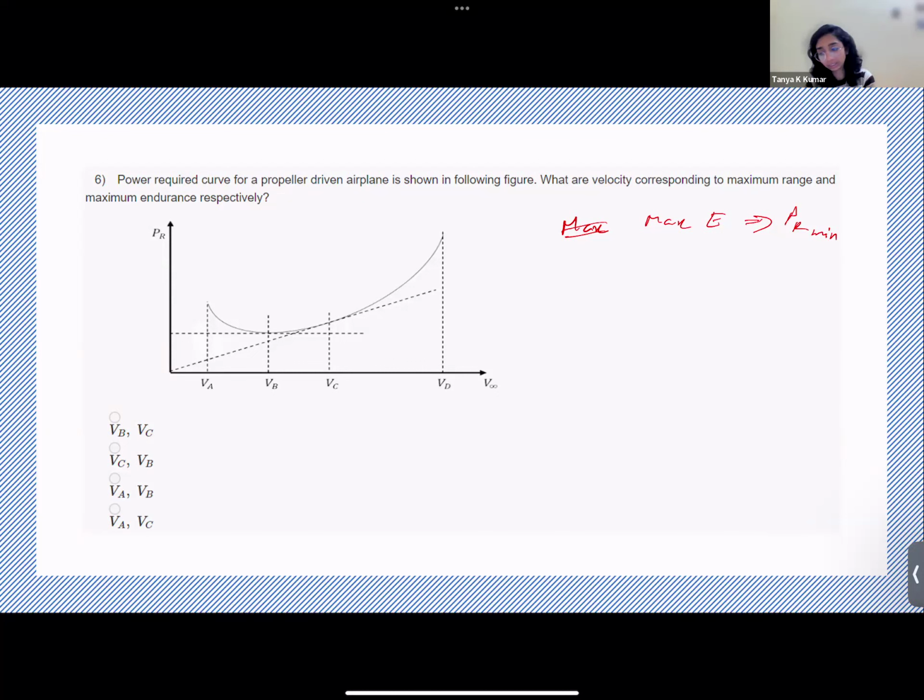For maximum endurance, yes, VB. That is this point where the power required curve reaches a minimum. So that is VB. Now, for maximum range, you have thrust required to be minimum, right? We had done the same thing in the previous class. So which one would it be?